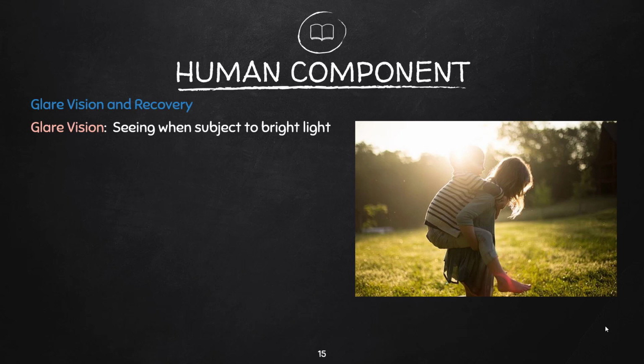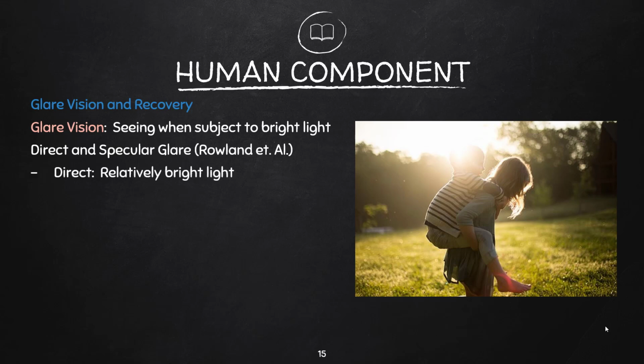Glare vision is seeing when subject to bright light. Direct and specular glare are two types of glare vision. Direct is the relatively bright light, while specular is reflected relatively bright light.